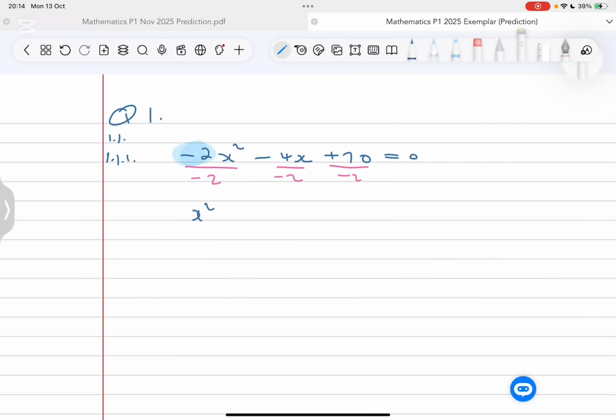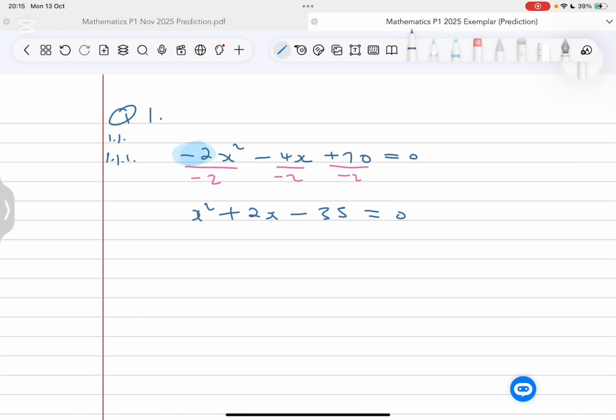And here I'm going to have a positive 2x, because the negative and the negative will be positive, and 2 goes twice in 4. And then we're going to have a negative here, because the positive and the negative would give me a negative, and obviously half of 70 should be indeed the 35. And this is equal to 0.